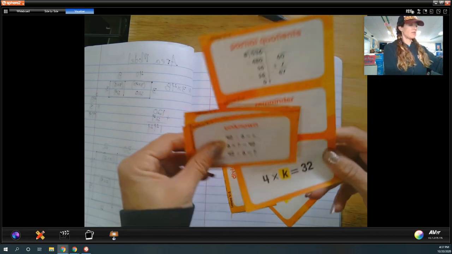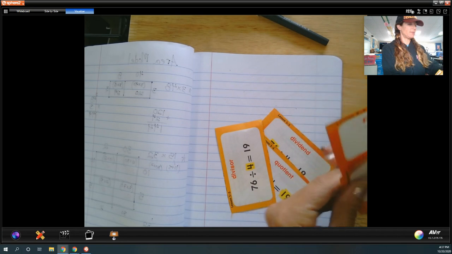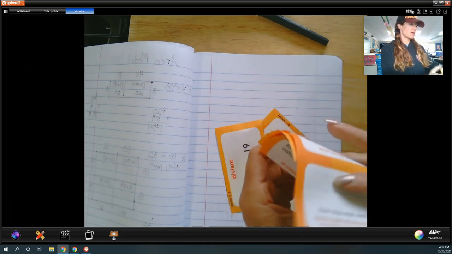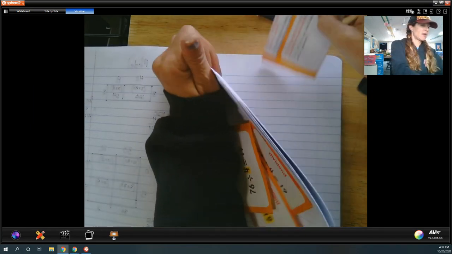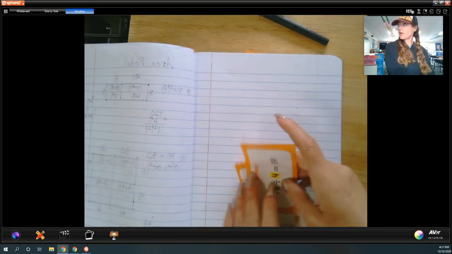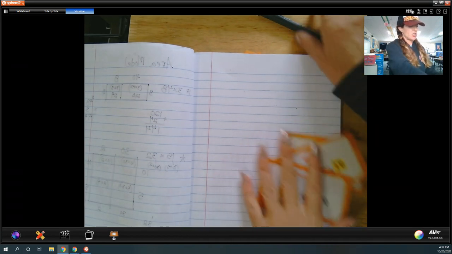I'm going to fold mine so they are all together forever until I use them again. Okay, so we're now officially on chapter 3, division.